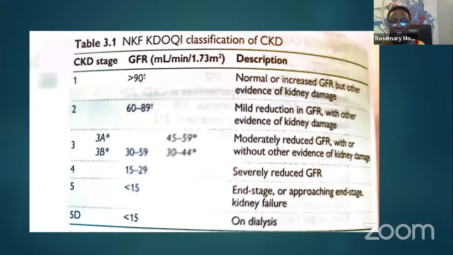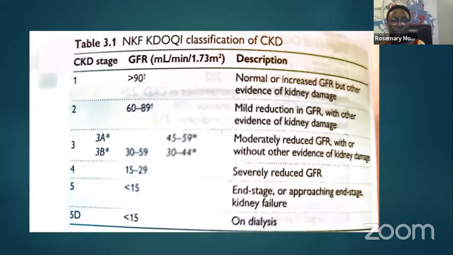If your GFR is more than 90, it's considered to be a normal kidney. And then stage 2 will be if it's 60 to 89. If you use labs like the NHLS, everything above 60 is considered to be normal.